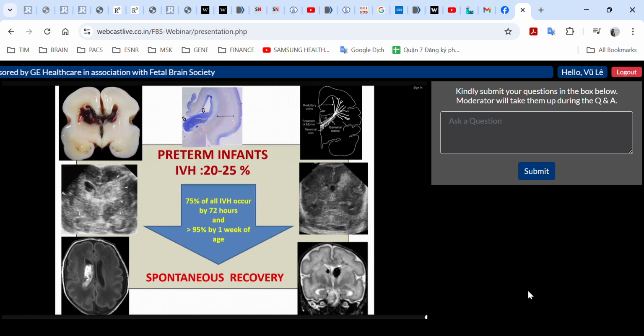Most newborns have a spontaneous resolution, but there is a fair percentage that may encounter problems that require a neurosurgical procedure. This depends on the degree of bleeding, which will also affect the prognosis.